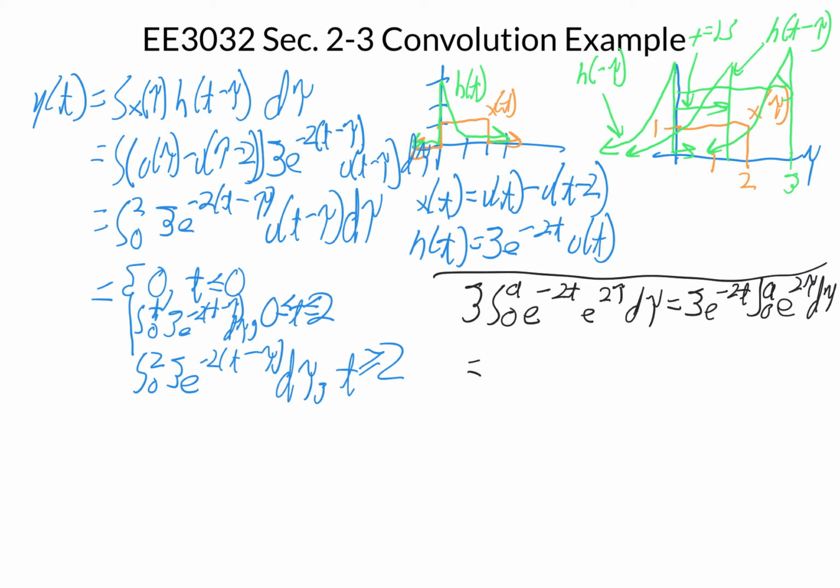So we integrate e to the 2 tau, so I get 1/2, where tau is going from the limits of 0 to the upper limit of a.